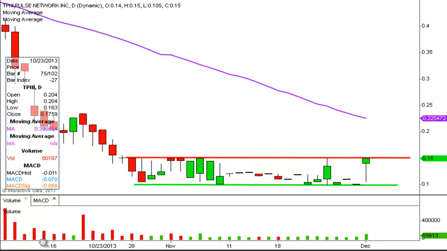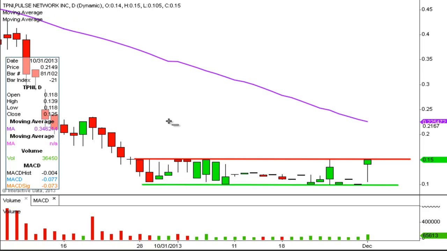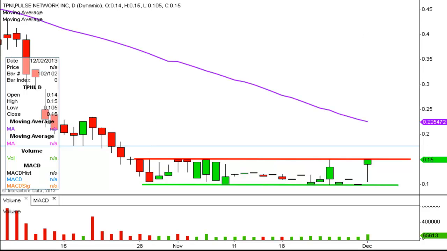Now, what happens if a breakout happens? Where are we looking at in terms of potential areas where it could run? Well, the first area of resistance after a breakout would be right up here at 17.5 cents. That simply comes from, when you look back here, you can see it acted as support a few times, then when it did fail, it turned into resistance right there. So 17.5 cents would be the next level of resistance.